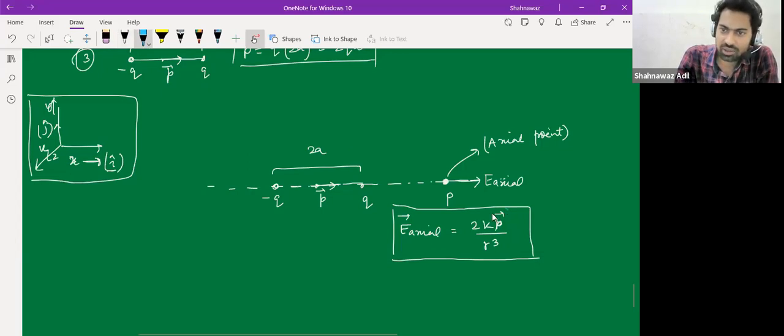Just accept this for now, guys. I will derive it with you, Mariam and Saad, in the backup class. Just remember that at the axial point, the direction of the electric field is in the direction of the dipole moment.